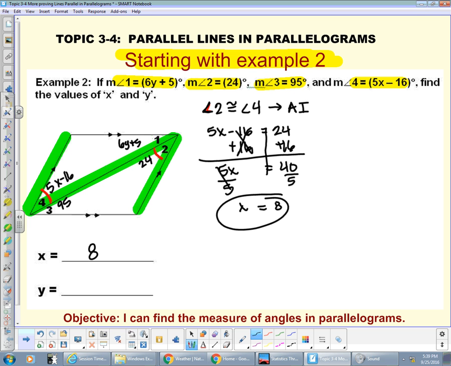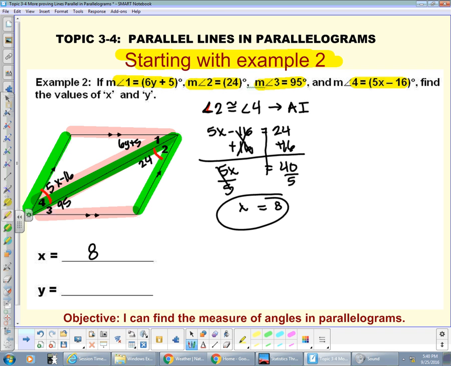Okay. Now I want to do the same thing for y. I want to figure out if there's a relationship for y, so I can solve for y. So I'm going to trace that side, trace that side, and then connect the transversal. Now that one is really easy to see, even though we traced the pink over the green. You can see the Z there.